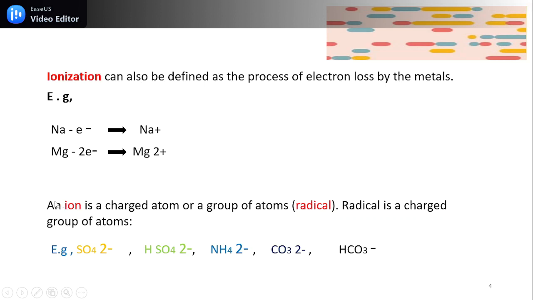What's an ion? An ion is a charged atom or a group of atoms.